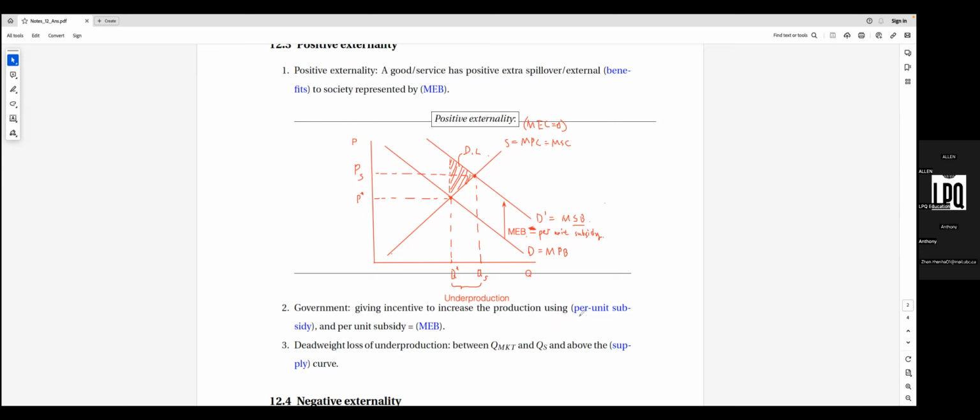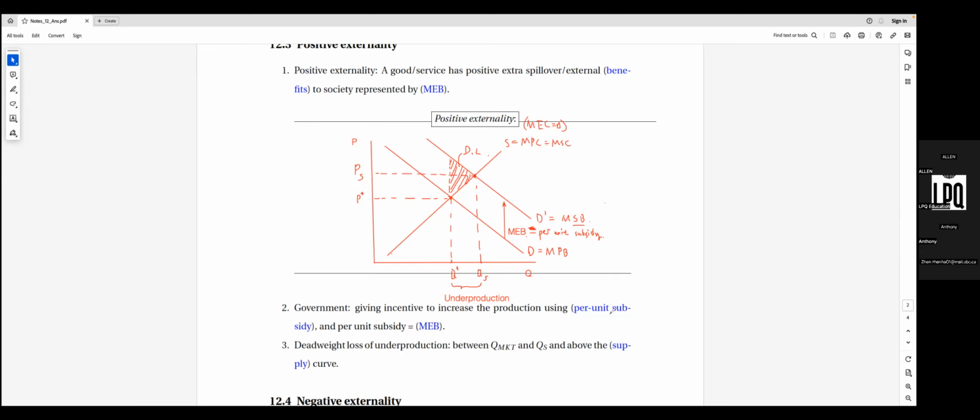And the one thing I want to clarify here is that as a government, what we reviewed is a unit-based subsidy. You cannot have a lump sum subsidy, because a lump sum subsidy cannot affect either marginal benefit or marginal cost, because we are doing marginal analysis.